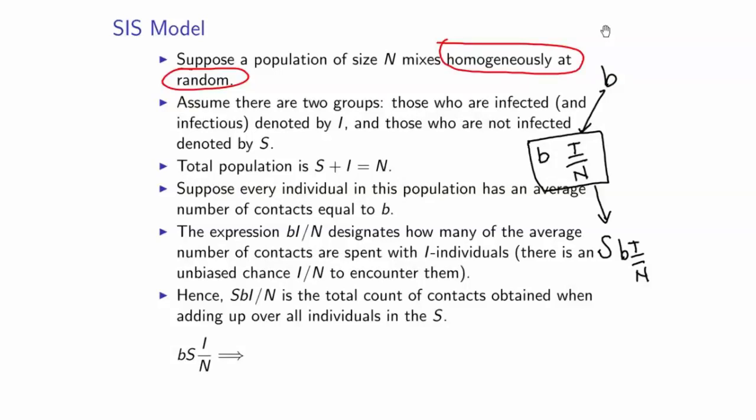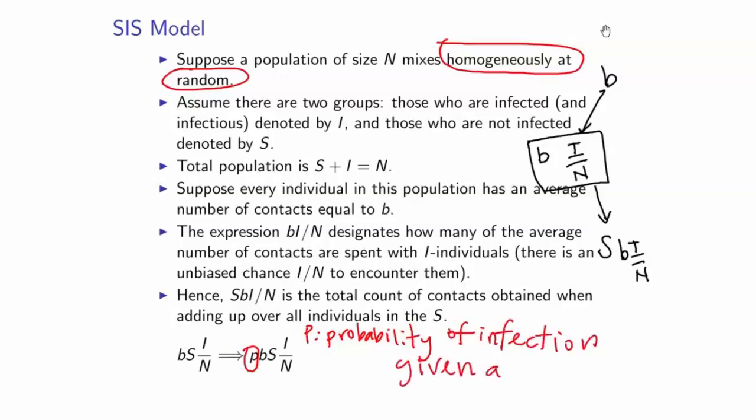Now, let's consider that quantity, B times S times I divided by N, but multiplied by this quantity here, P. P is going to denote the probability of infection, successful infection, basically probability of infection given a contact.